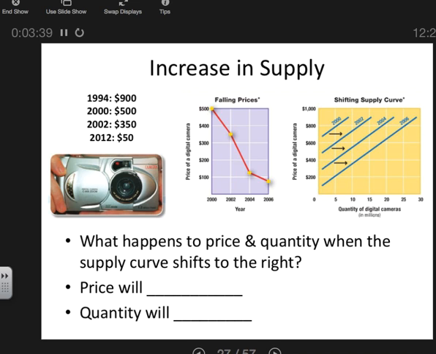D1 represents demand, supply 1 represents this. If we are increasing to the right, this direction, quantity goes up, price will decrease, quantity will increase. So whenever we see it move to the right, we would see that price would decrease, quantity will increase. All right, so we're correct on that one.